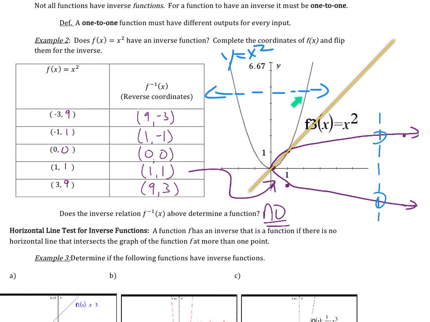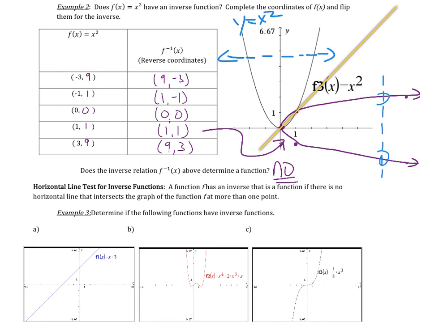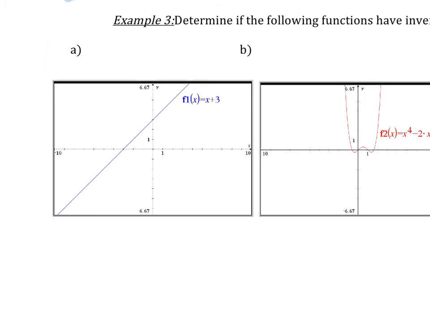The horizontal line test now tells us if an inverse function exists. So the horizontal line test will tell us if a function has an inverse, okay? Function f has an inverse if there is no horizontal line that intersects the graph of f at more than one point, okay?